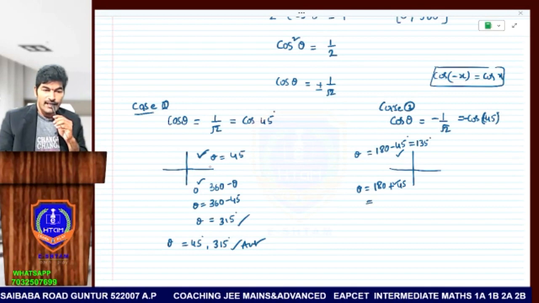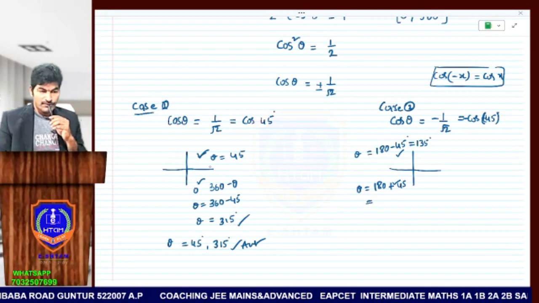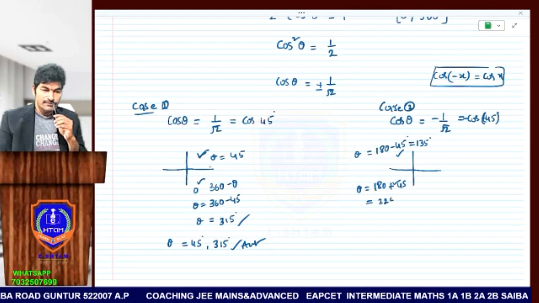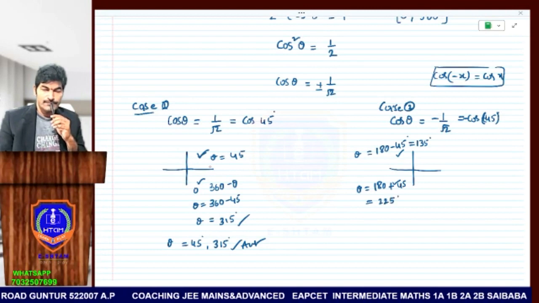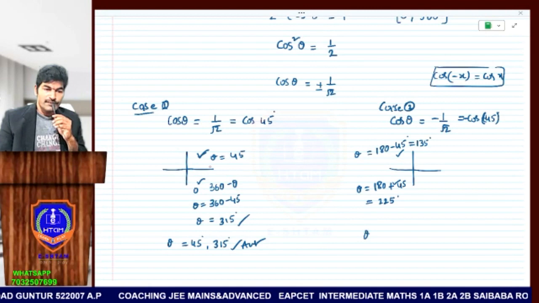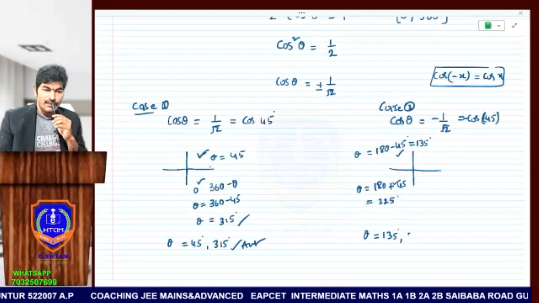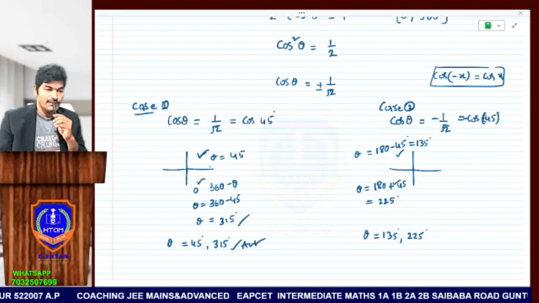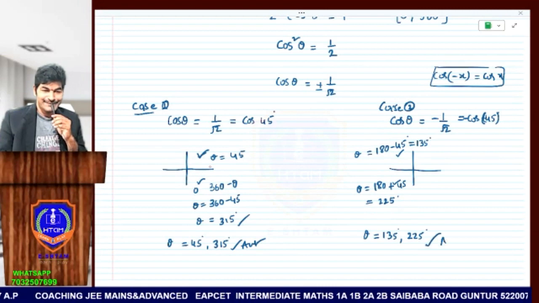And if you add 45 to 180, then it will be 225 degrees. Therefore, for case 2, the angles are 135 degrees and 225 degrees. For case 1, it will be 45 degrees and 315 degrees. Is it correct? Okay.